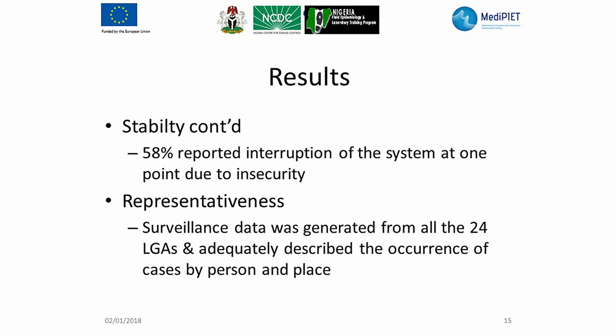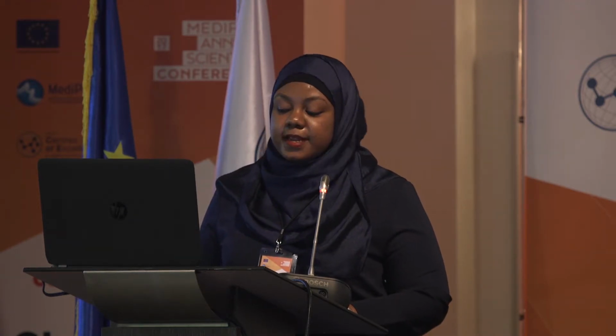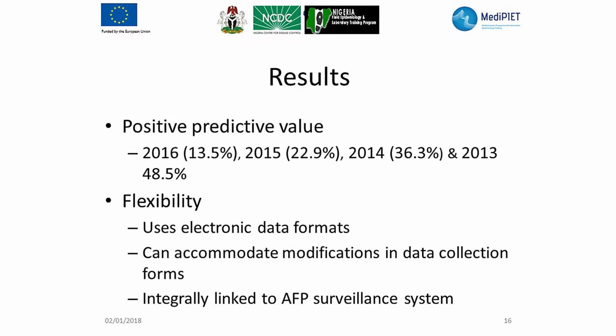For representativeness, we found that data was generated from 24 out of the 27 local government areas, and it adequately described the occurrence of cases by person and place. For positive predictive value, we calculated 13.5% in 2016 and 48.5% in 2013.